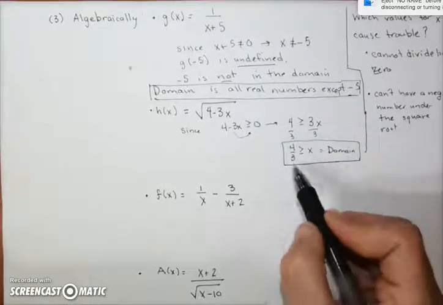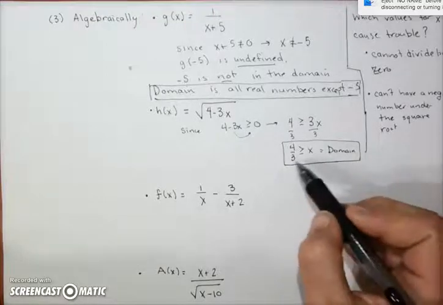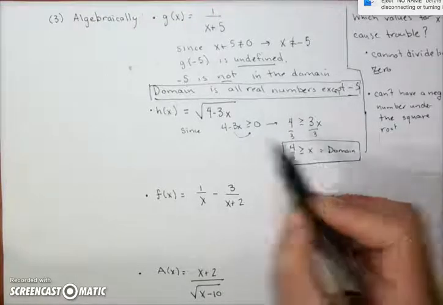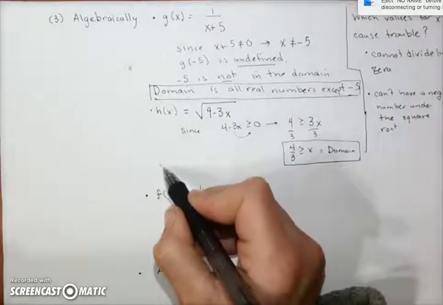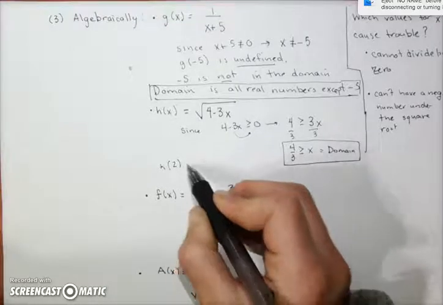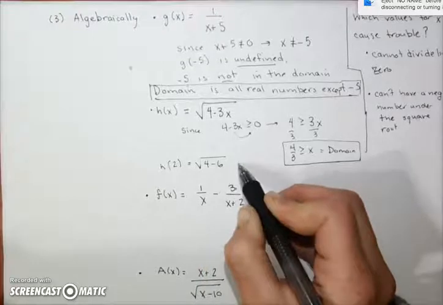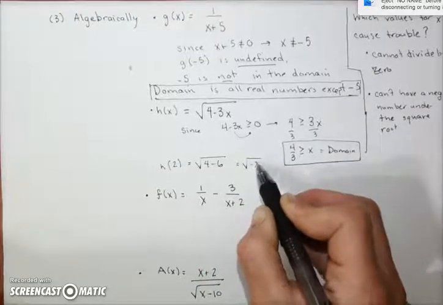And now let's just check some values. If I were to plug in something bigger than 4/3, say I want to do g of 2, then I'd get the square root of 4 minus 6, which is the square root of negative 2.